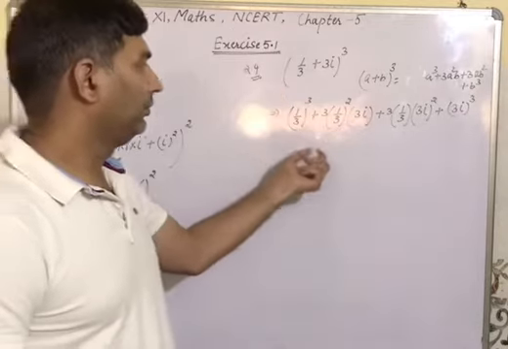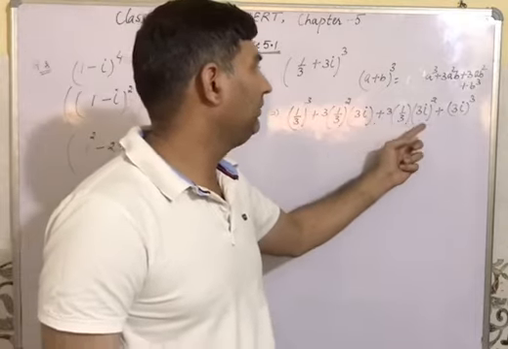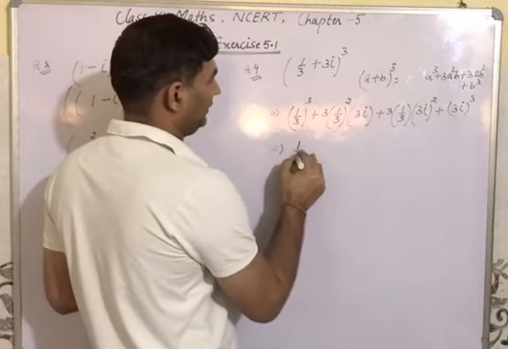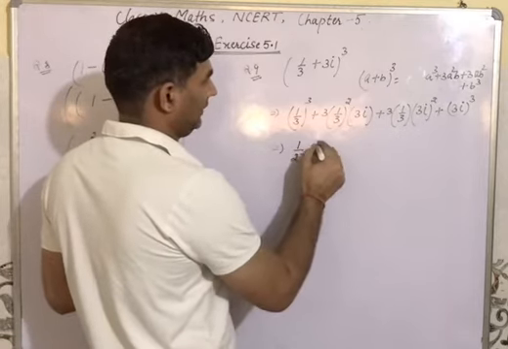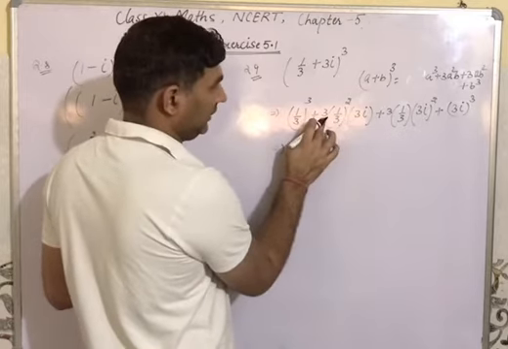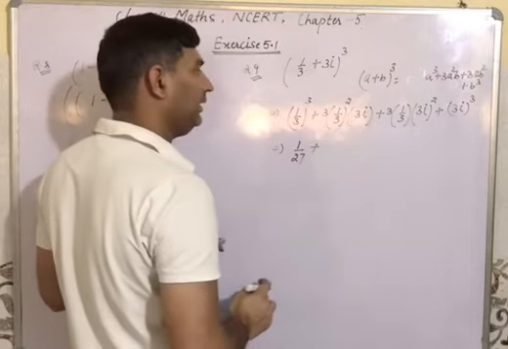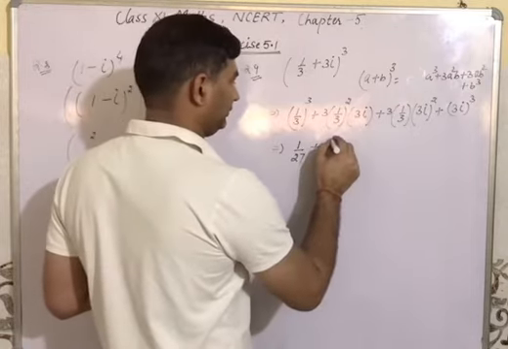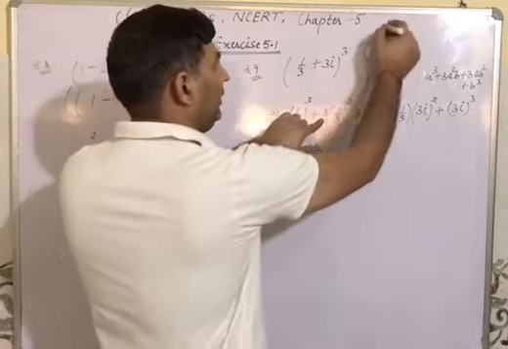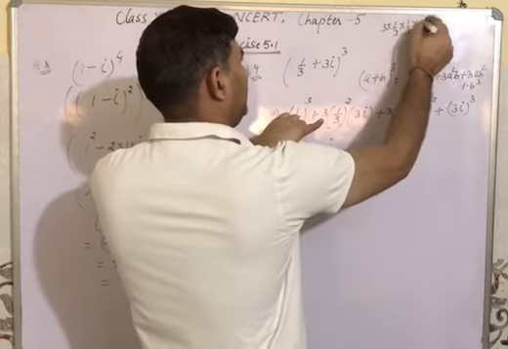a cube plus b cube plus 3a square b plus 3ab square, and then 1 by 27 plus this. The 3's cancel out, and only iota remains. You understand? 3 into 1 by 3 into 1 by 3 into 3 iota.